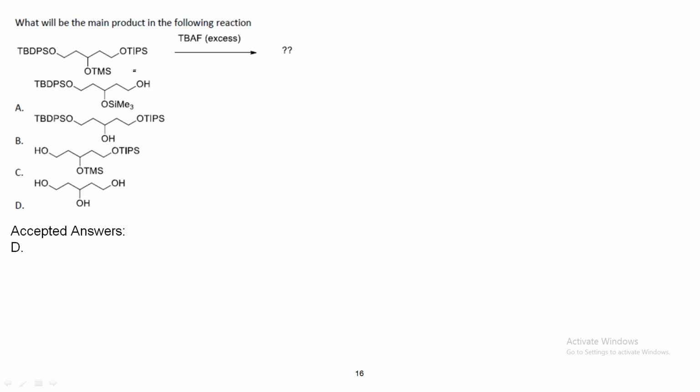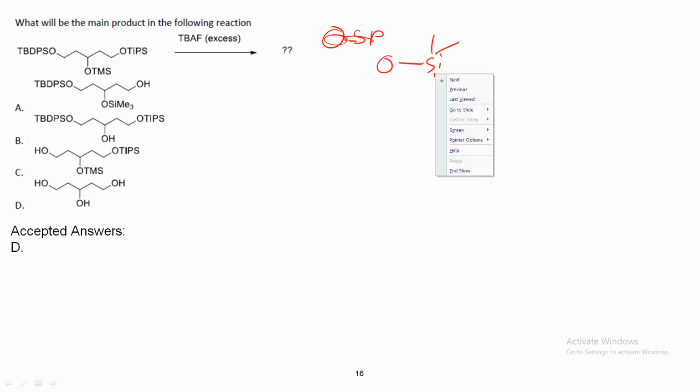Again, the protection group chemistry here. Let me write the protection groups. TBDPS, or in short you can say TBS protection, is nothing but this dimethyl tert-butyl silane protecting group.